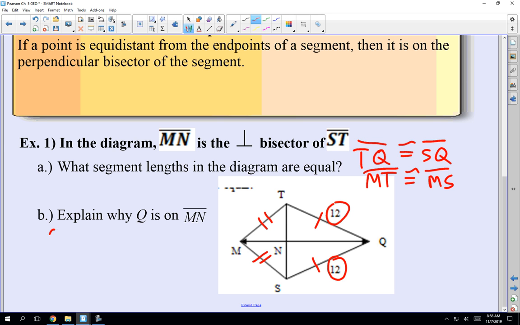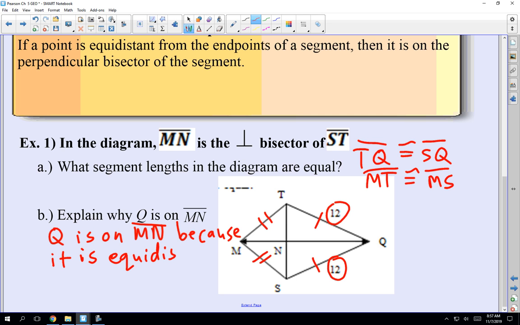So Q is on MN because it is, we'll use our new word, equidistant. I can spell it. Equidistant, from points on the perpendicular bisector.